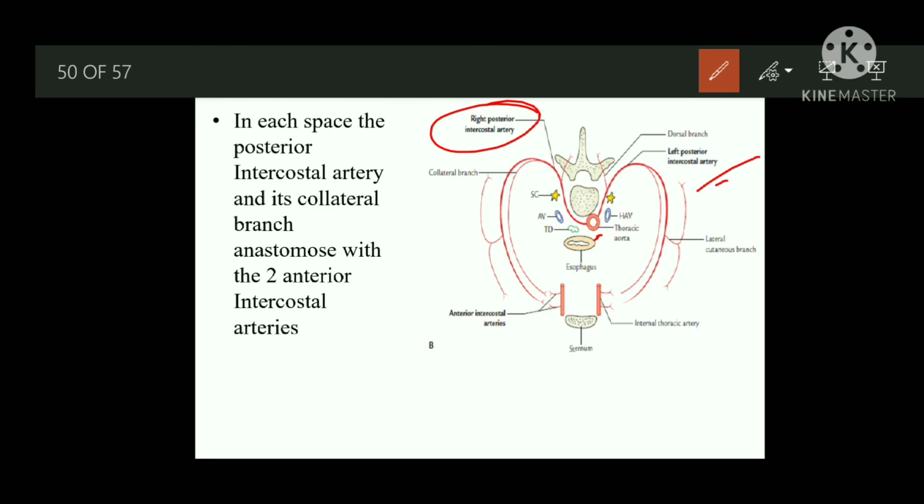The right posterior intercostal artery passes behind the esophagus, thoracic duct, azygos vein and sympathetic trunk, then runs into the intercostal space between the vein and nerve from above downward, and then it gives collateral branches and anastomoses with the anterior intercostal artery at the costochondral junction. The left intercostal artery passes behind the hemiazygos vein and the sympathetic trunk, then enters into the costal groove where it divides into collateral branches that also anastomose with the anterior intercostal arteries.